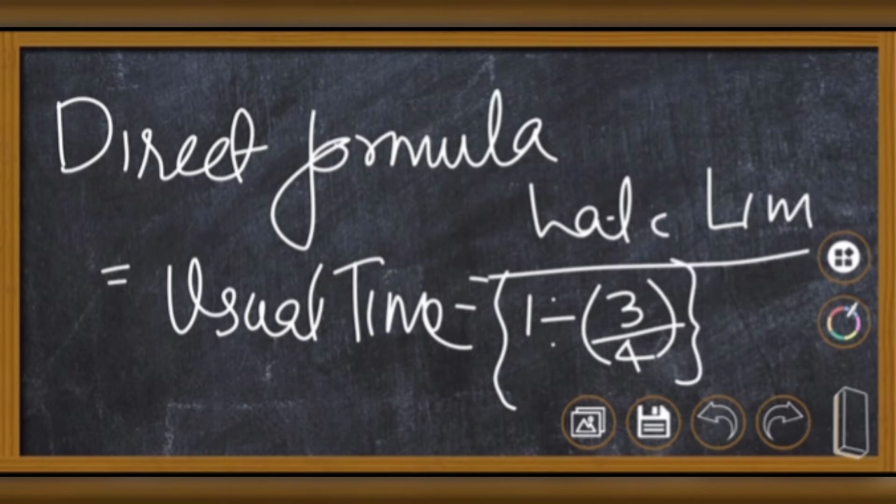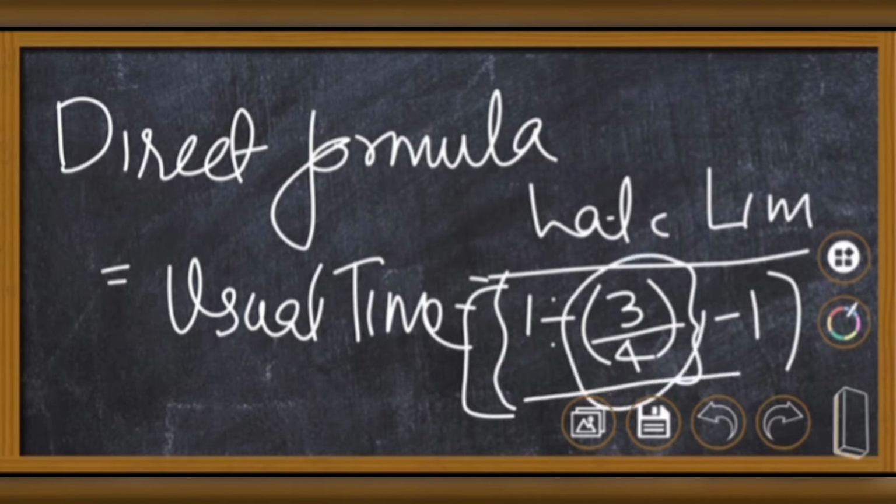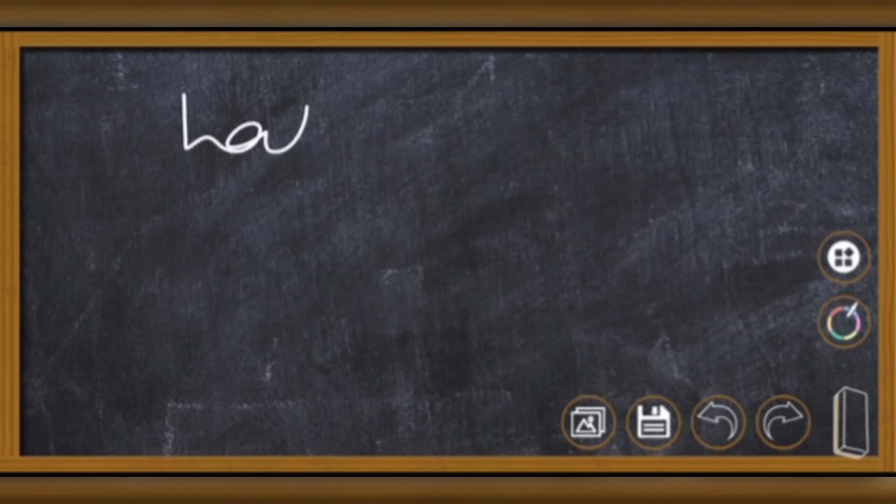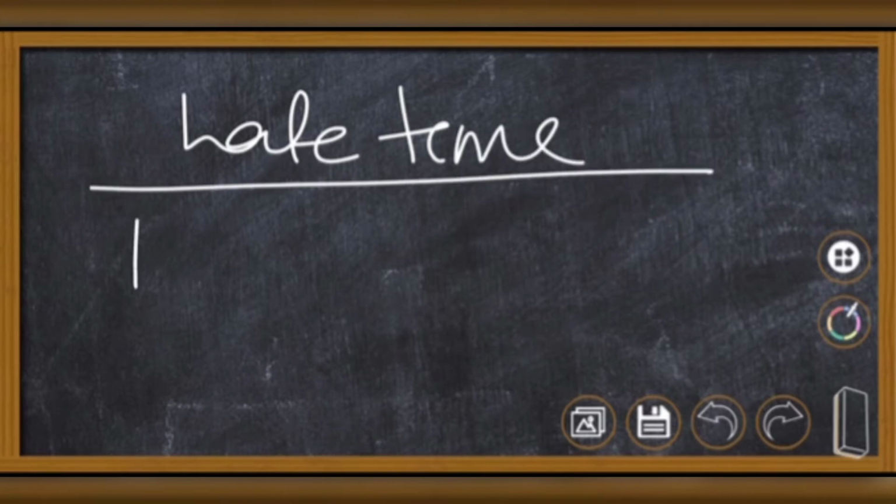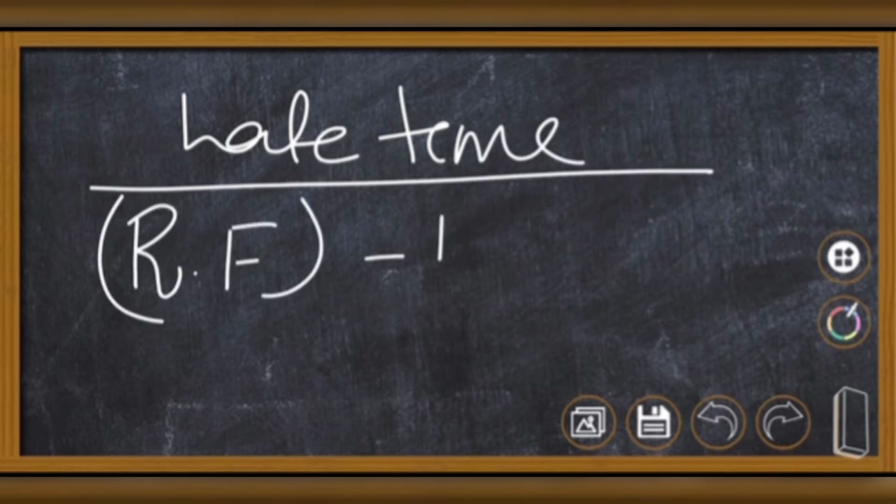Whatever speed is given, the reciprocal is taken minus 1. That will be the usual time. So usual time is equal to late time divided by the reciprocal of the fraction minus 1. I am writing here as RF minus 1. Whatever fraction is given, here we have to take the reciprocal minus 1. Okay, and the numerator will be the late time.